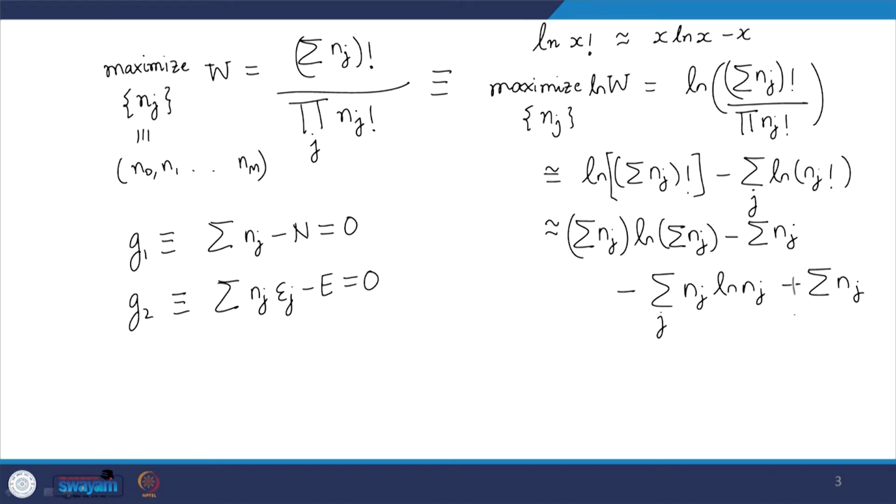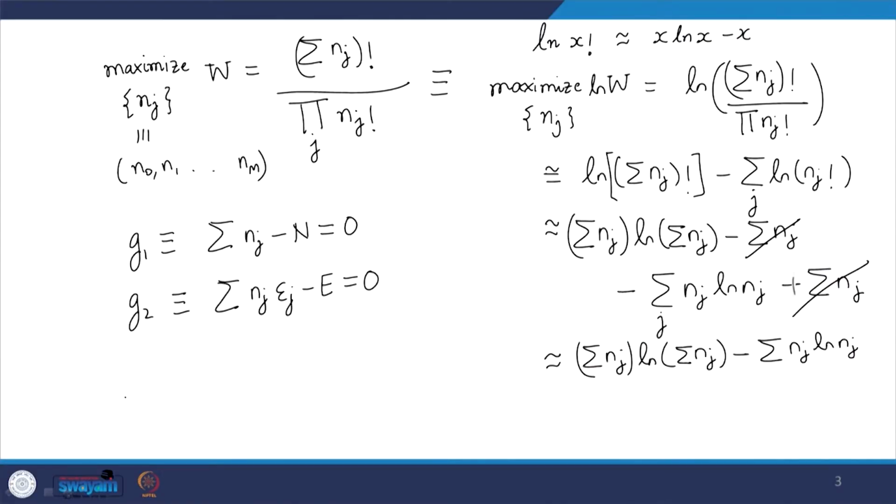So, clearly these two are going to cancel, and what we have is simply summation of Nj ln summation of Nj minus summation of Nj ln Nj, and we have to maximize this with these two constraints.